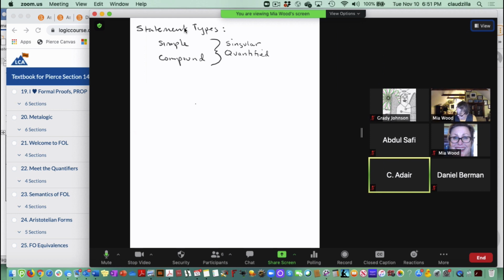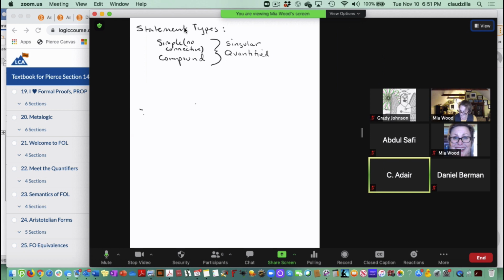Okay. All right, so recall that a simple sentence, now that we know what connectives are, is a sentence that doesn't have a connective, isn't governed by a connective, doesn't involve a connective. So a simple sentence, no connective. Right?